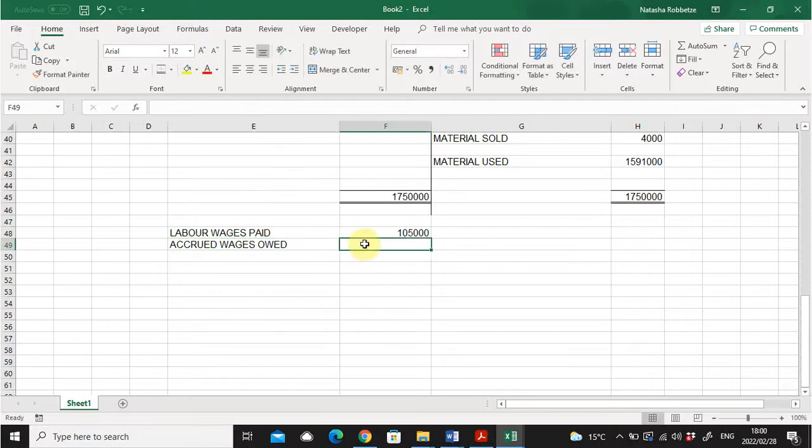But the sum of the two will give you the total expense relating to the labor wage. So if I look at the accrued wage, it was 15,000, and I need to then add these two together. And that gives us 120,000 Rand.